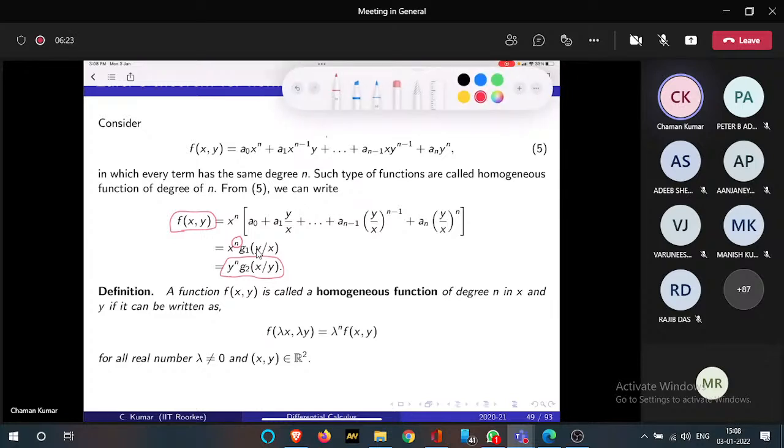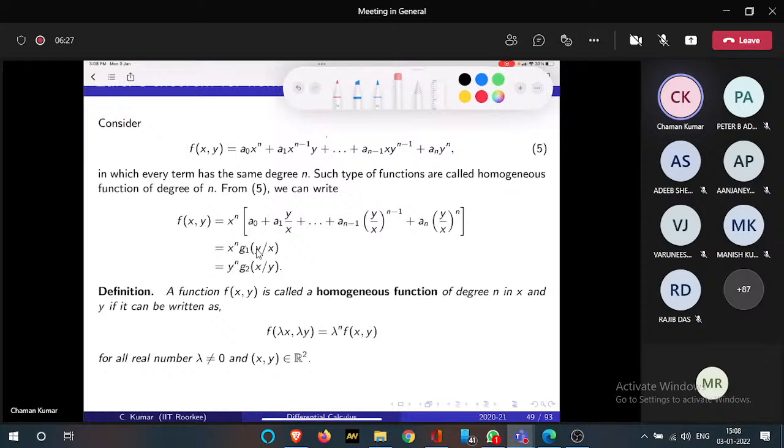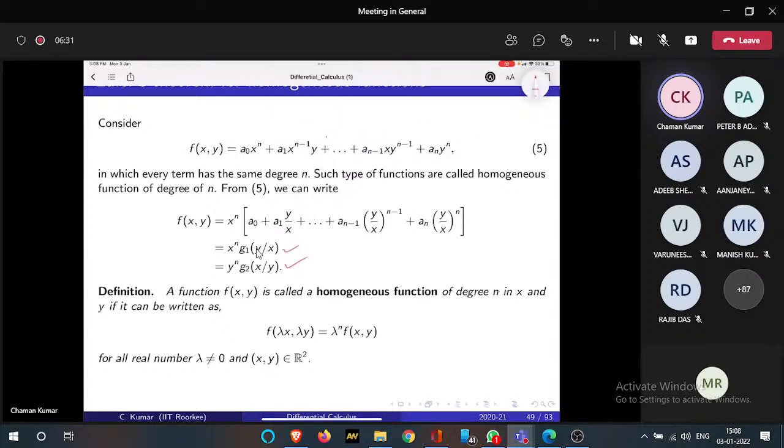Okay, so this is another way to define the homogeneous function.